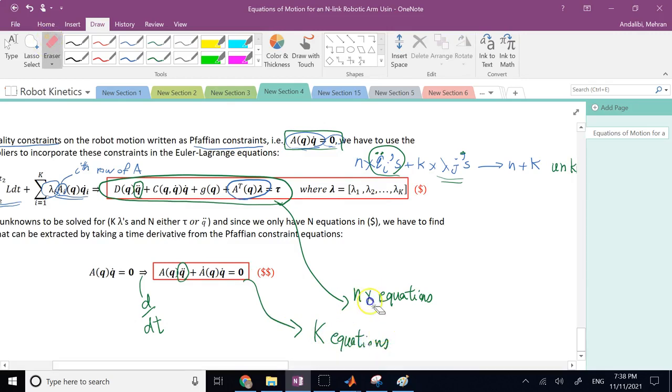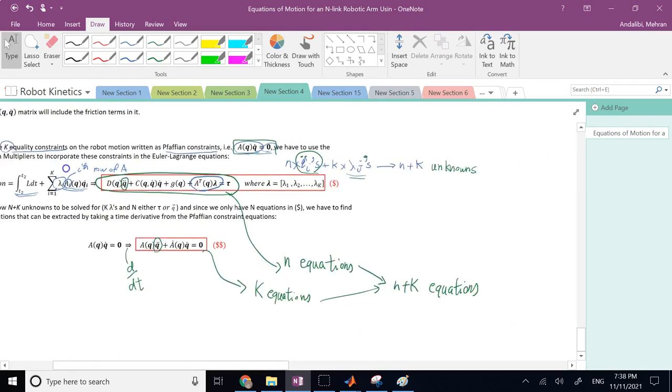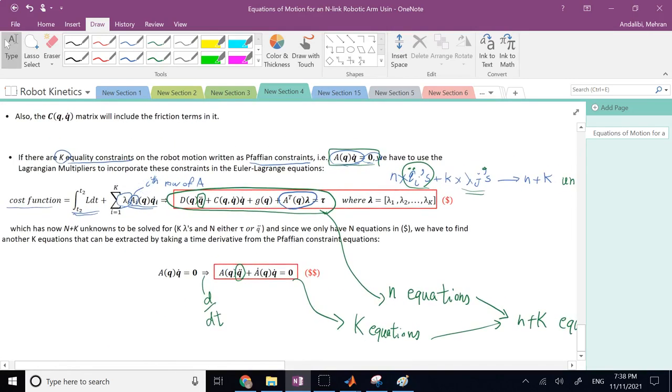So now you're going to have n plus k equations, and you also have n plus k unknowns. So now ideally you should be able to solve for everything that you want, although most of the time all that you want is really the q double dots. You do not care about lambdas, but now you have enough equations.